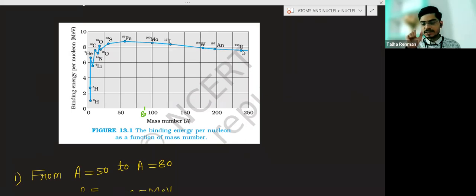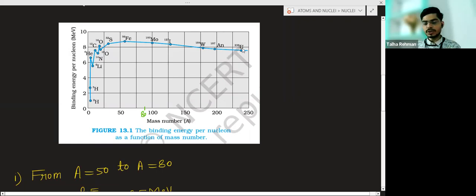To get stability, this nucleus will split into smaller nuclei. Obviously, the smaller nuclei will have more binding energy per nucleon as compared to the uranium that is splitting. So today we will discuss nuclear fission and nuclear fusion.